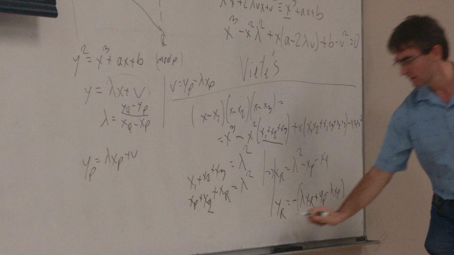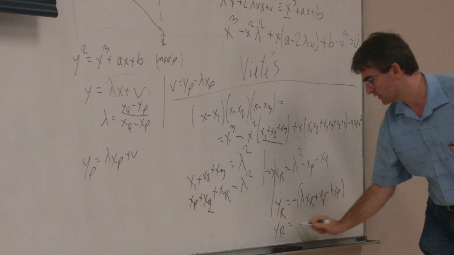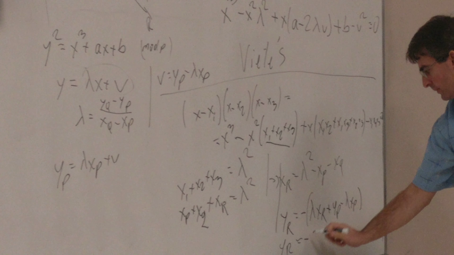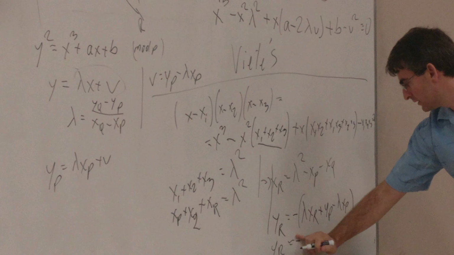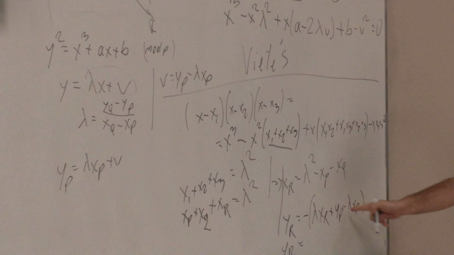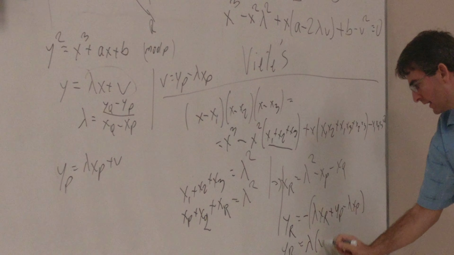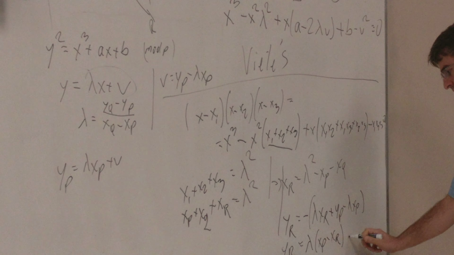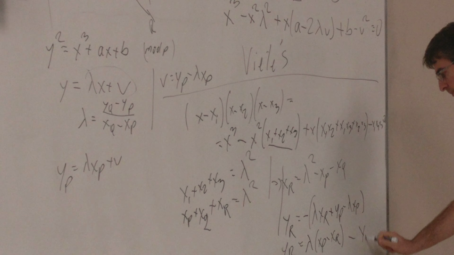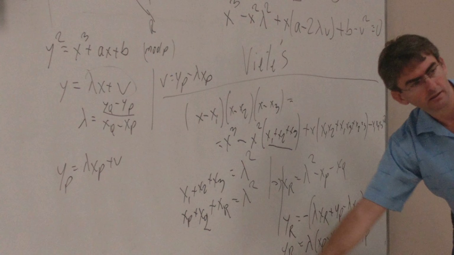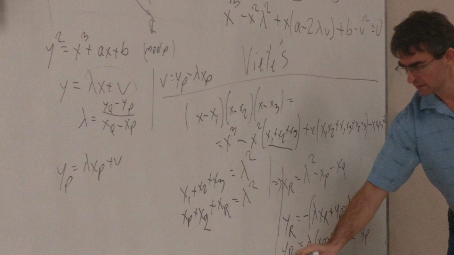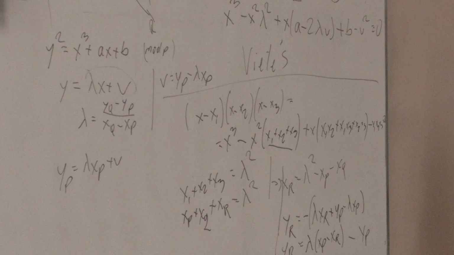Otherwise said, yr is equal to lambda times (xp minus xr) minus yp. So these are the equations of the points that result from addition.